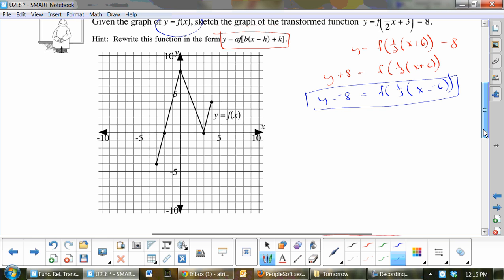In the correct order. What would be the replacements? I'm doing replacements first. What's the first replacement?